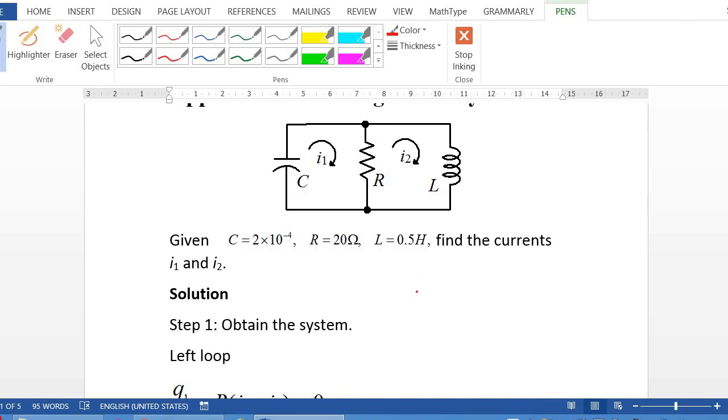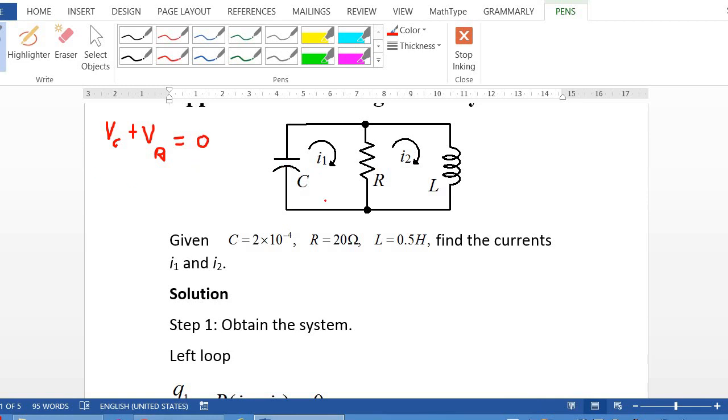For the left loop, we have VC plus VR equal to 0.